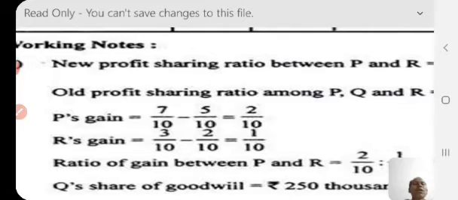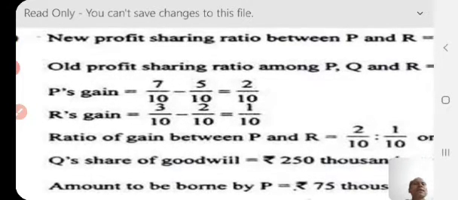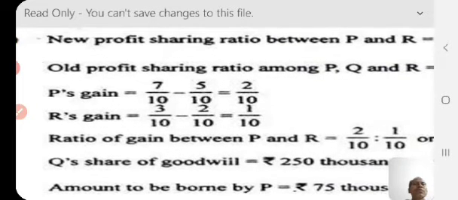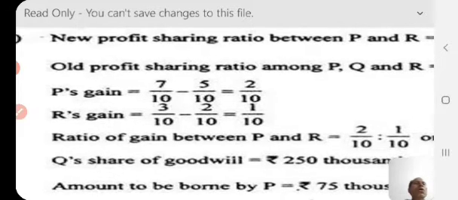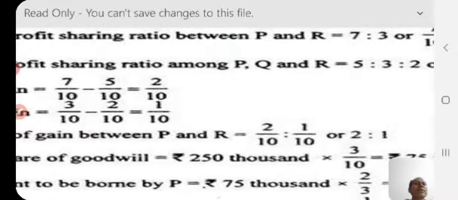Now P's gain is 7 by 10 minus 5 by 10, that is 2 by 10. R's gain is 3 by 10 minus 2 by 10, which is 1 by 10. These are the gain ratios. The ratio of gain between P and R is 2 by 10 to 1 by 10, that is 2:1.